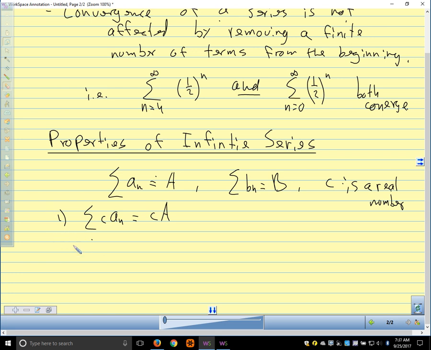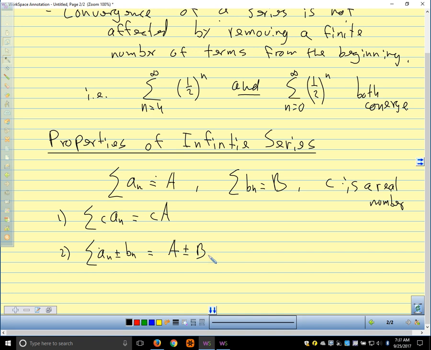We can add or subtract. The sum of a sub n plus or minus b sub n equals A plus or minus B. So if we have a sum, we can separate out the sums and examine them separately if it's easier. Now we can't do multiplication and division quite as easily.